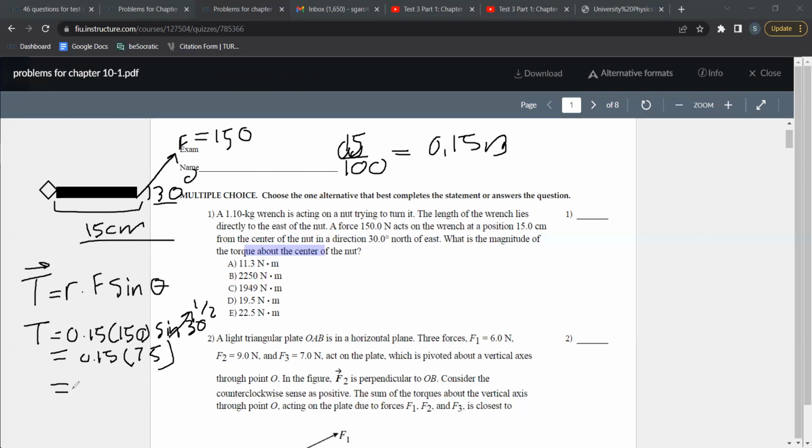And then that times 0.15. T, our torque, is going to equal 11.25 newtons times meters. And that is our answer A. And that is the answer to our problem. Our torque is going to be 11.3 newtons times meters.